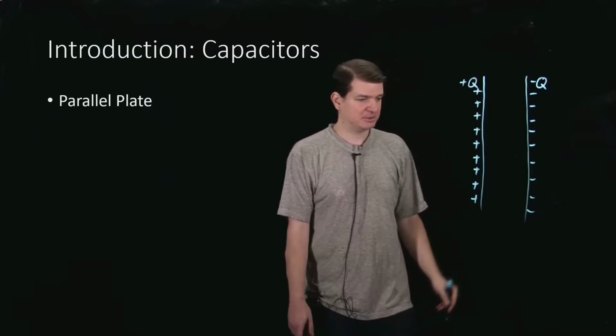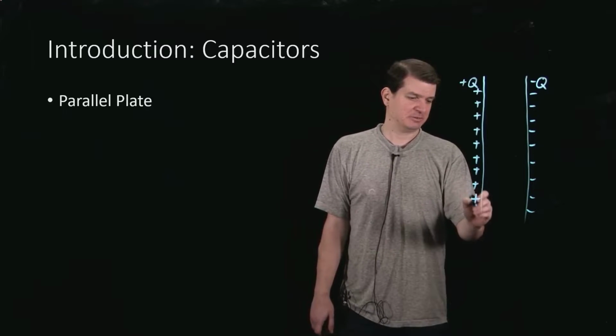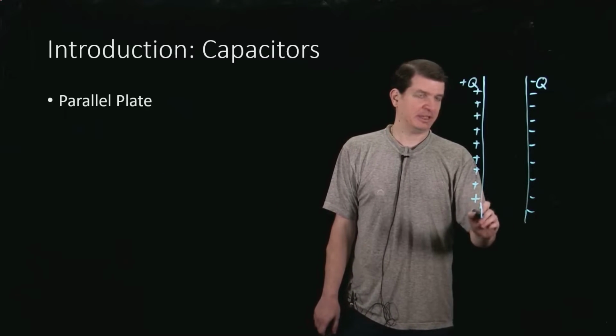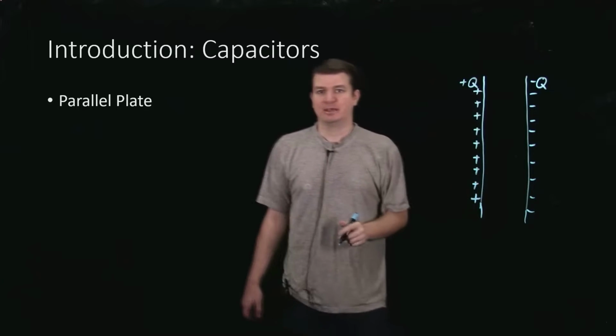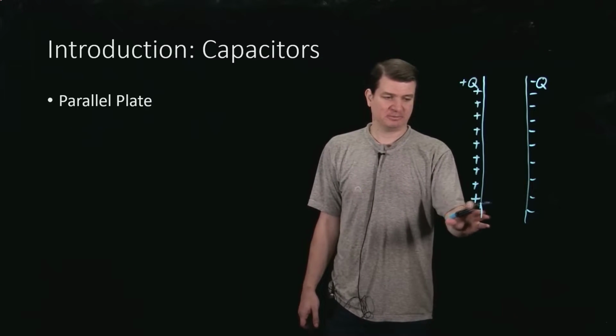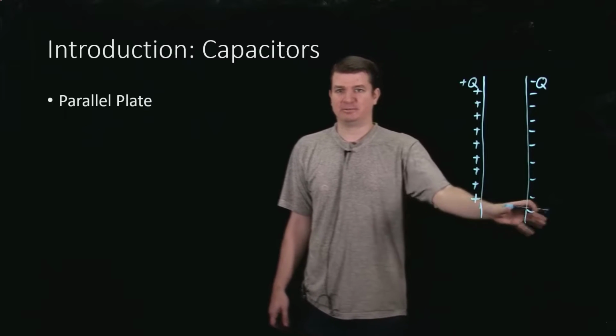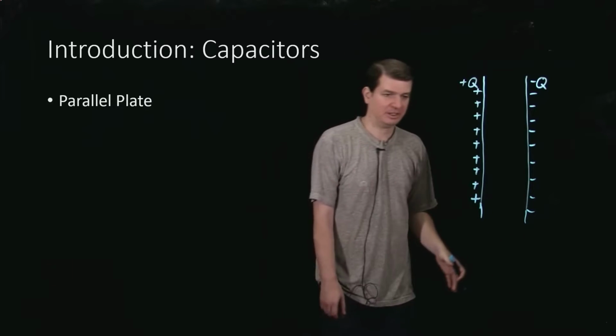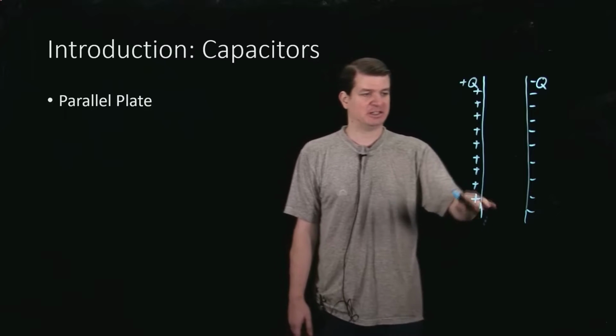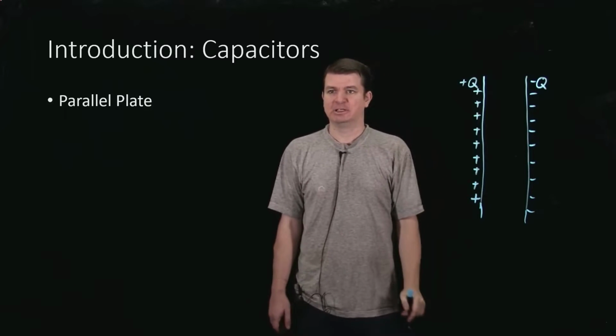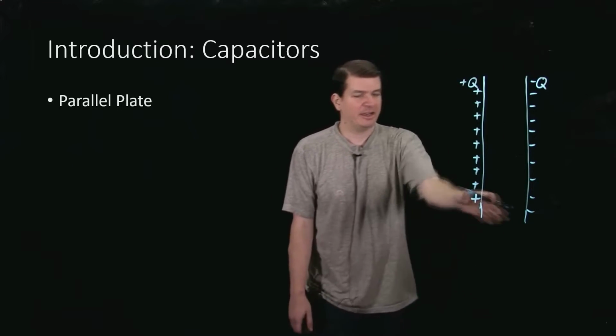But before we continue, we should note that there's a bit of an ideal case going on. I haven't worried about what's going on at the edges, which would be quite complicated and difficult to figure out exactly how many charges you need to squash there to balance the rest of them. So why haven't I bothered?